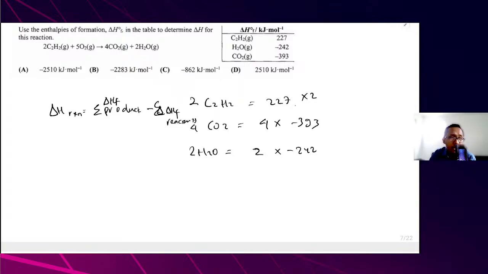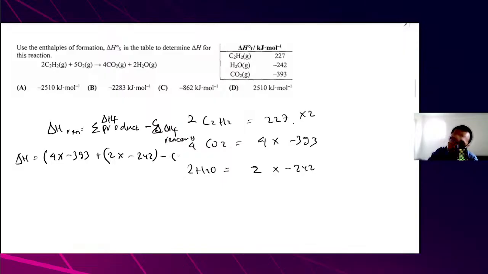From this information, we just plug it into this. So, 4 times minus 393 plus 2 times minus 242, and then minus again 2 times 227. Based on this information, we just do the math step by step. The total product is minus 1572 and then minus again 484.